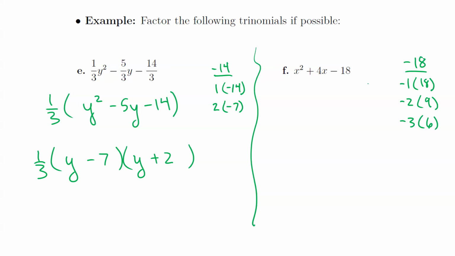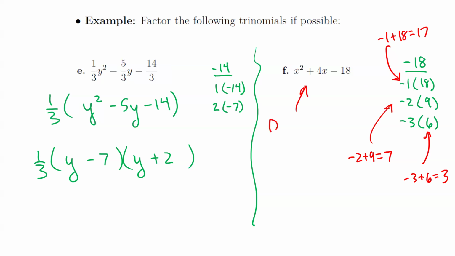But what you'll notice is that none of them work, right? For this one, negative 1 plus 18 is 17, right? That doesn't match my middle term. Negative 2 plus 9 equals 7. And negative 3 plus 6 is close, but not the same. So since none of those add up to give me that middle coefficient, we can simply say this does not factor.